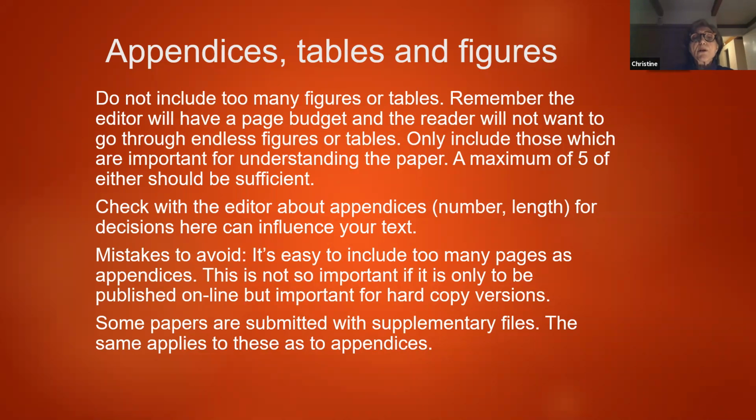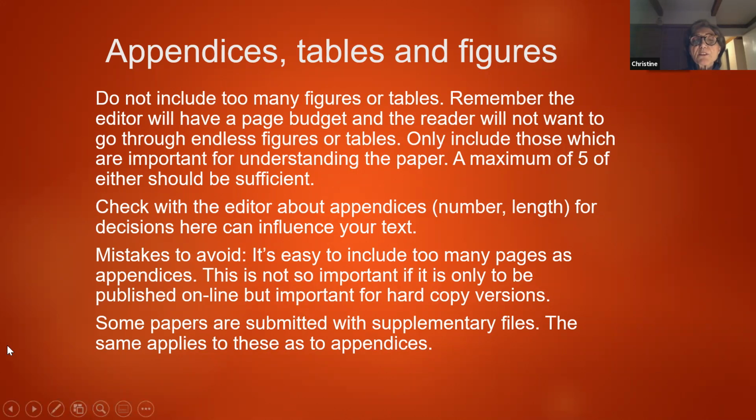This is not so important if your paper is going to be published online, but it is important for the hard copy version. Journals have a certain page limit per issue, and then an overall page limit for the year. So they're going to be very conscious of paper length, and you want to be as well.